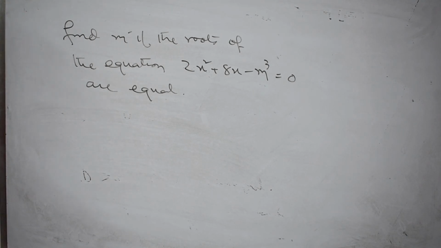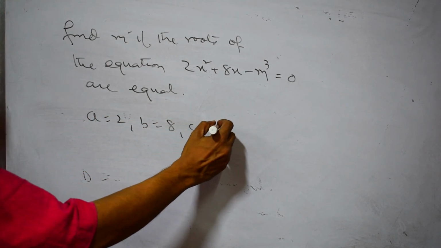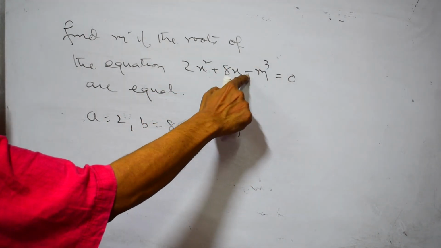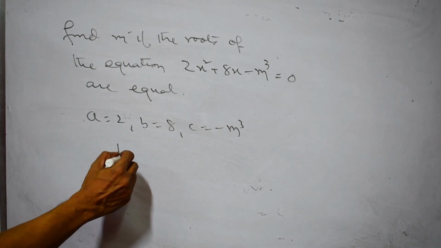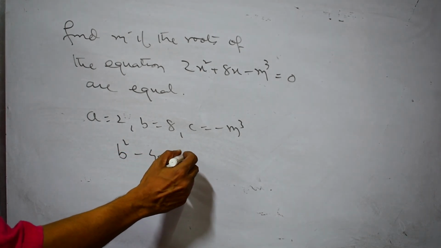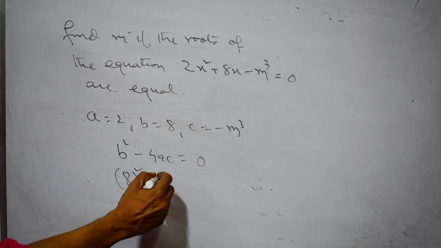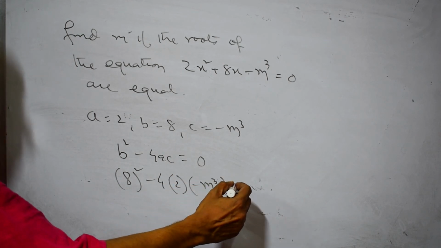So how to find out? What is the condition? A is 2, b is 8 and c is minus m cube. Noticeable, the term with no x is called c. So what is the condition for the roots to be equal? B square minus 4ac should be 0. So 8 square minus 4 into a into minus m cube is 0.